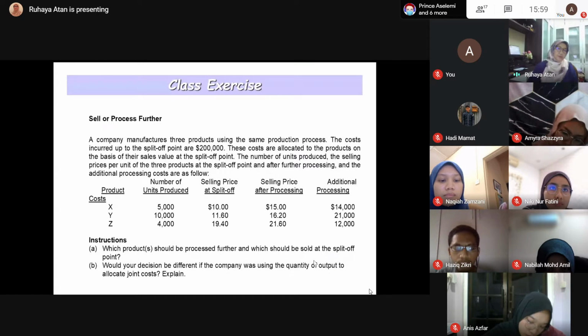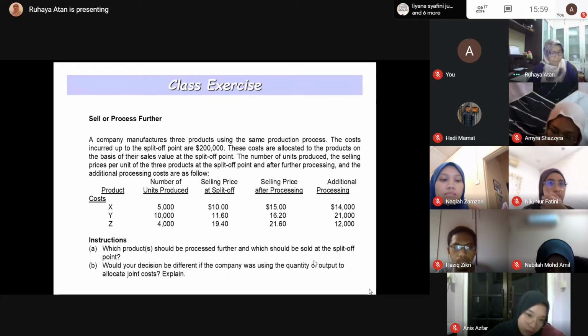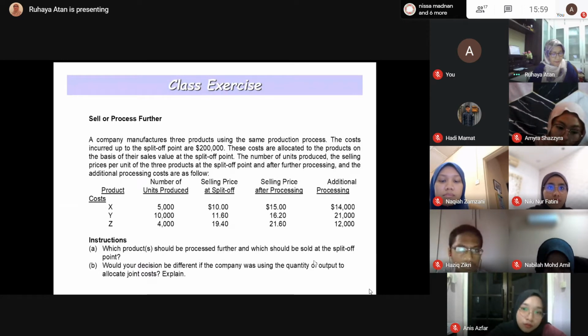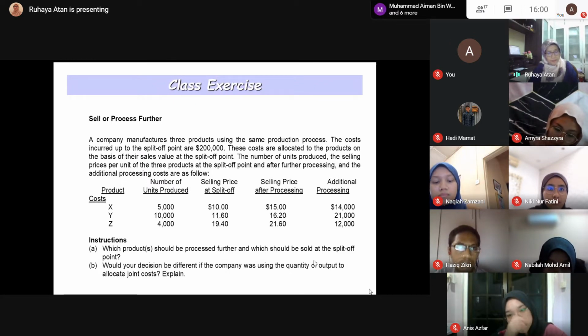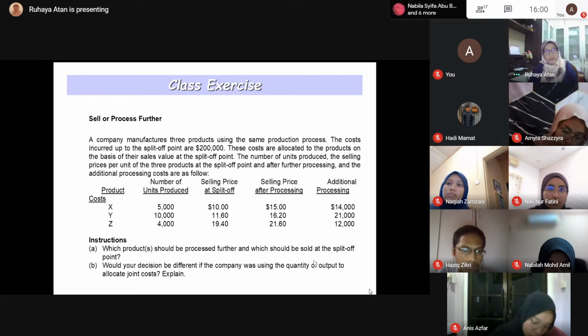And then you also calculate what is the revenue after processing, and compare them and see whether you have made any incremental profit or not.